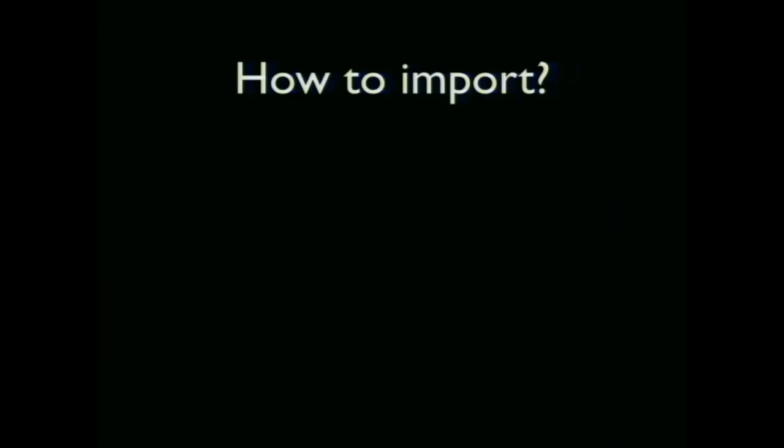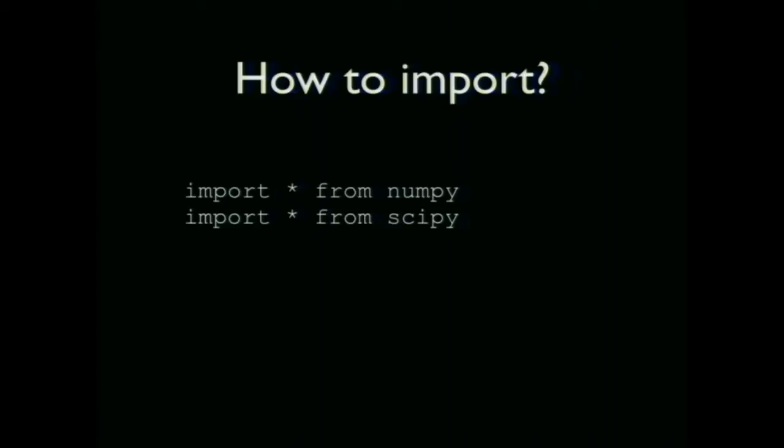So how to use NumPy and SciPy. The first thing you have to do is import the modules. This is already a bit of a tricky thing, so I want to spend a few slides talking about this. You could just do import star from NumPy, import star from SciPy, and this is probably what I do in the examples that are coming up. But of course, that's going to import everything into your local namespace.